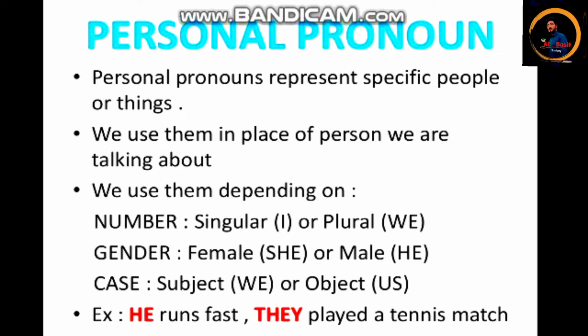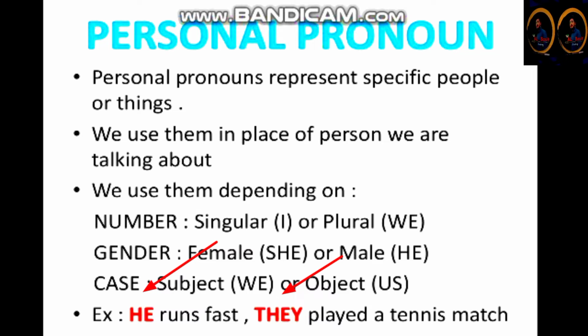So we have the personal pronouns I, we, you, they, he, she, it, and we have all the object pronouns, like the I object is me and he object is him, and we have the possessive adjectives as well, like for example the I possessive adjective is my, they possessive adjective is their, and object pronoun is them.